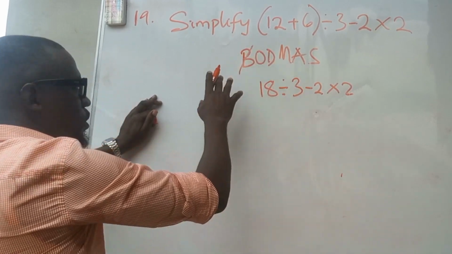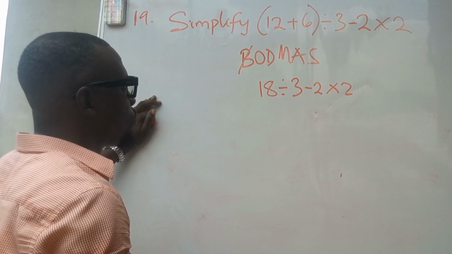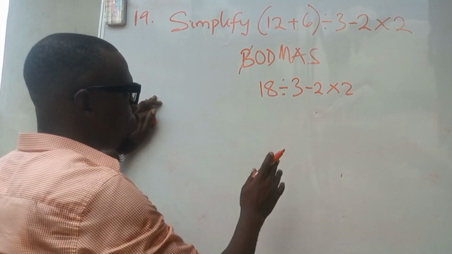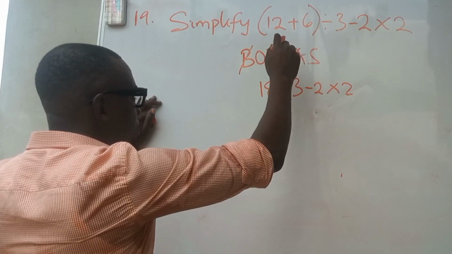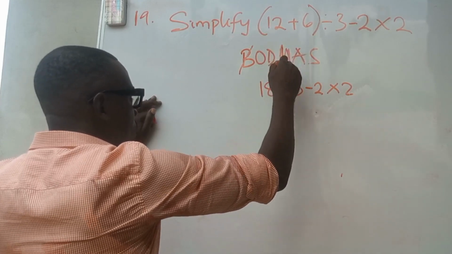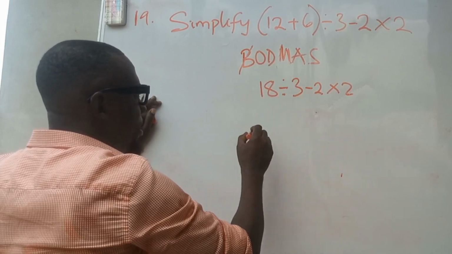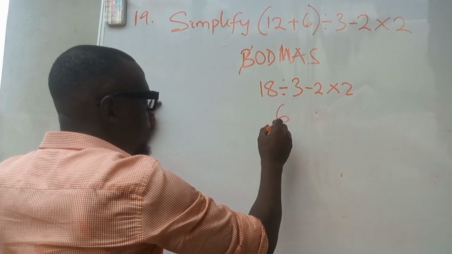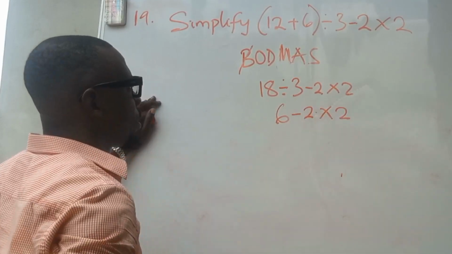I've been able to do something inside the bracket. So the next thing to do is to divide because of division. So this is 18 divided by 3, which is 6 minus 2 multiplied by 2.